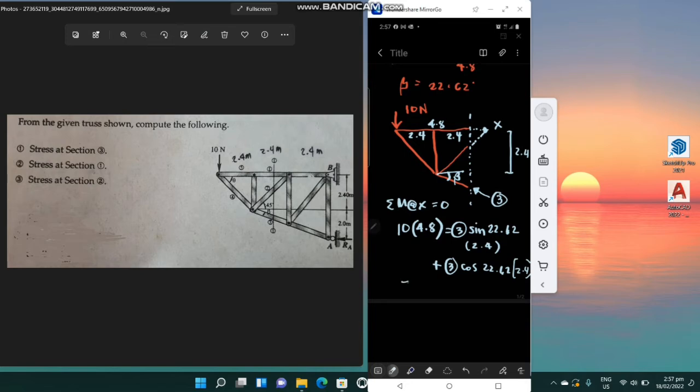Okay, compute. So section 3 pilay iyahang internal force, that is 15.29 Newton.